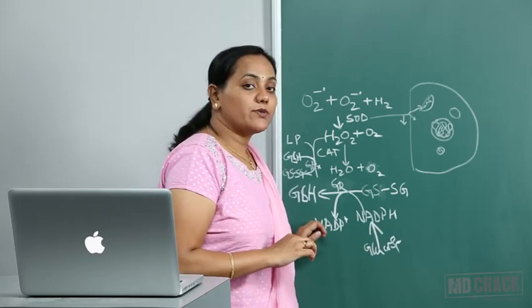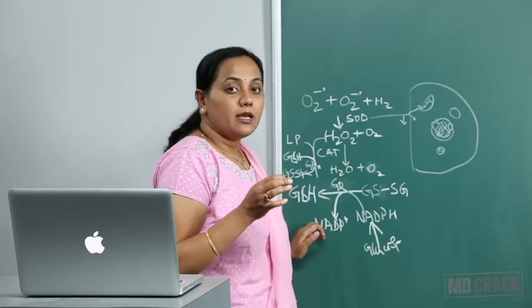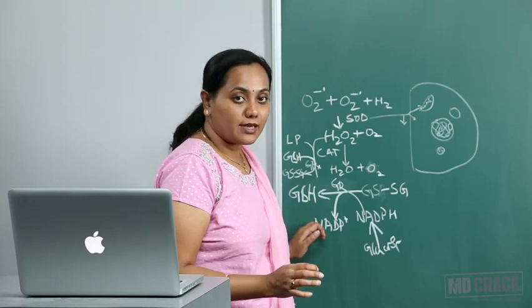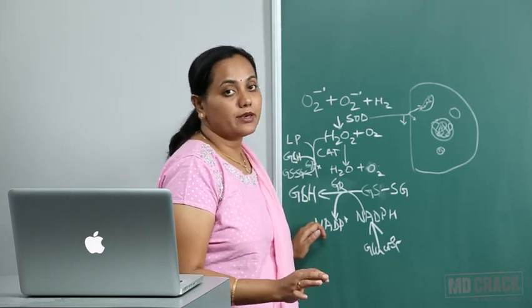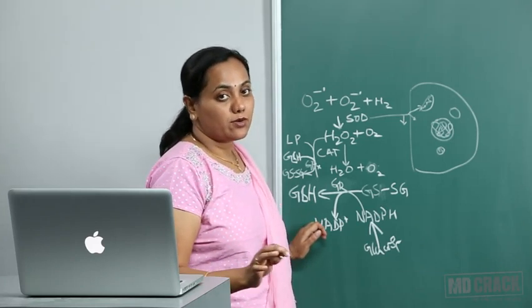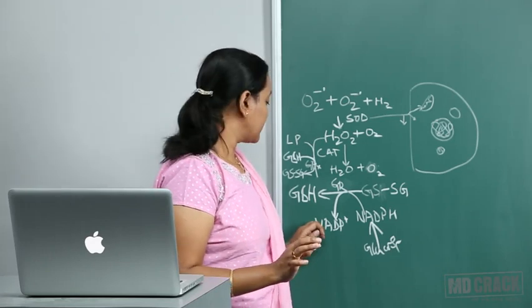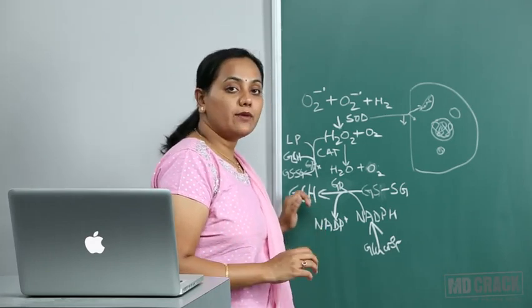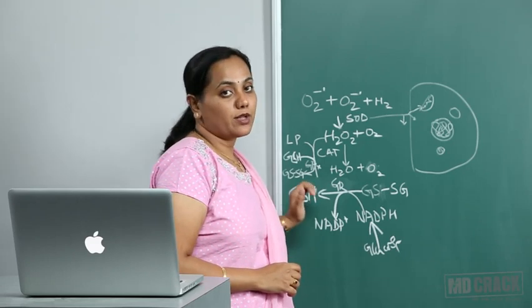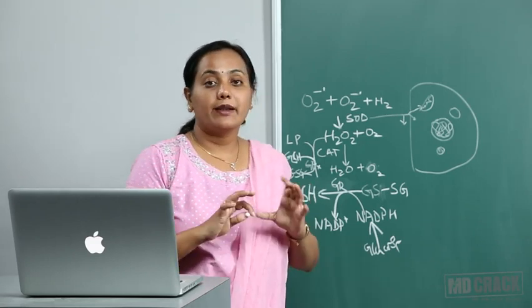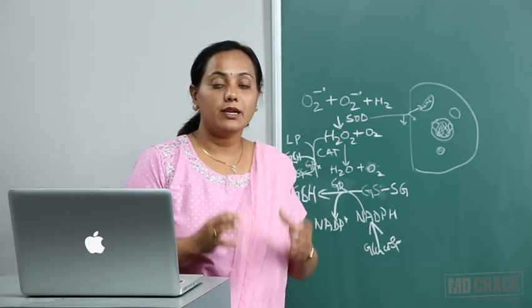Remember, glutathione is abundantly present in the RBC, especially in the cytosol. Remember, RBCs do not contain a nucleus, they do not contain mitochondria. So its concentration within the cytoplasm is very high, and that helps in maintaining the RBC membrane integrity.